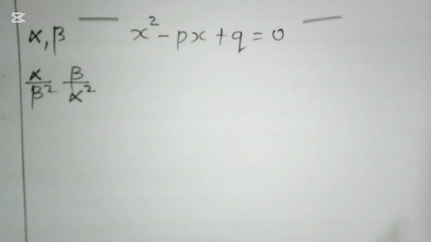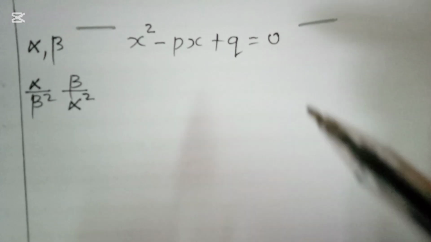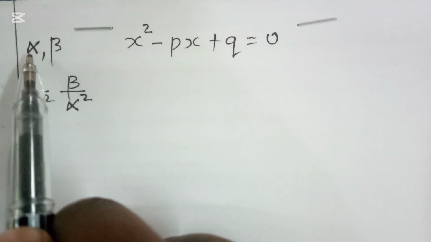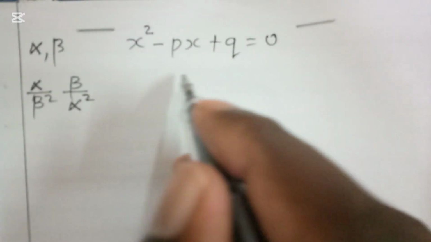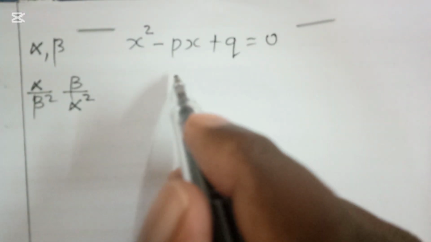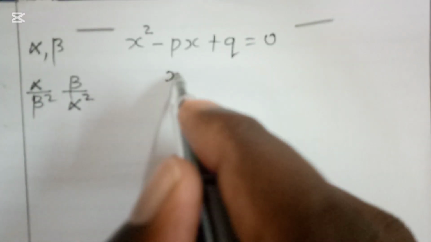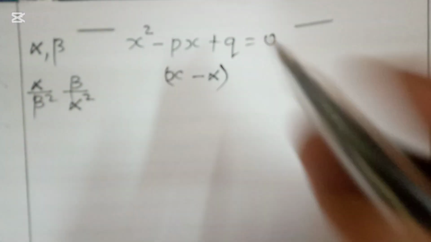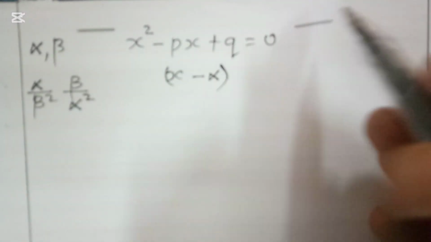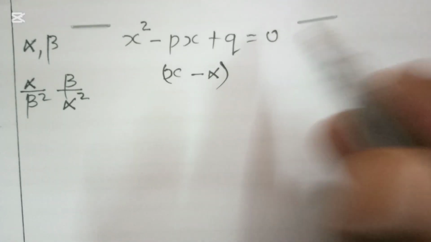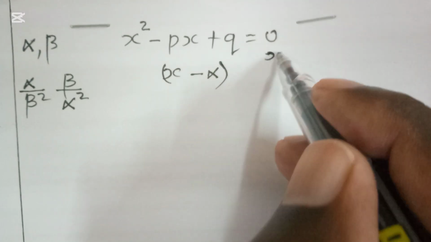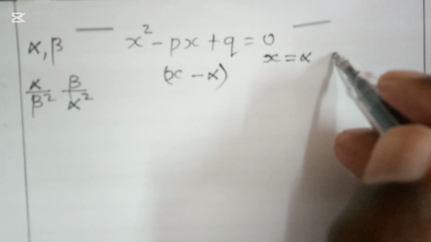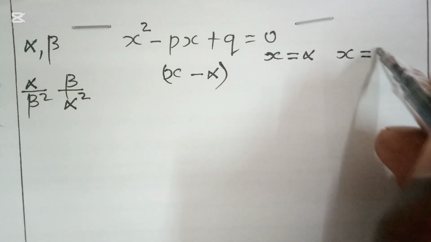So we just continue. The first thing we are saying is that this equation has two roots, that is alpha and beta. So beginning from the results, we shall say x is equal to alpha, x is also equal to beta.